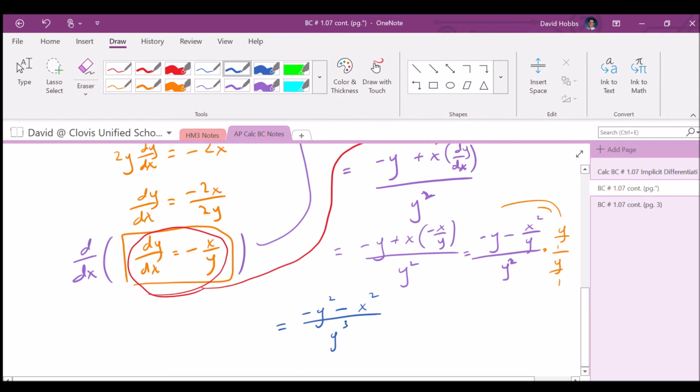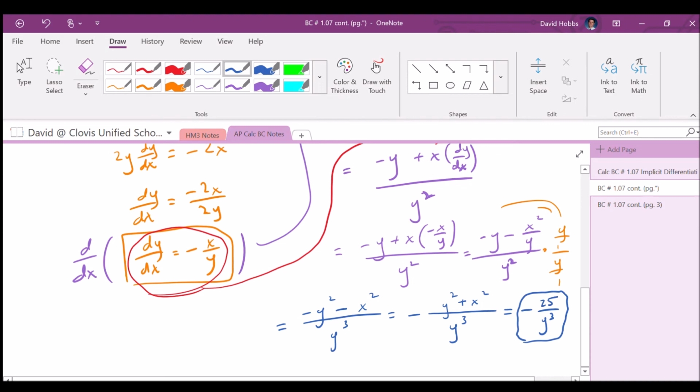Okay, well, there's a GCF of -1 up top, so let's factor that out and hold it out in front. So y squared plus x squared all over y cubed. And you're going, okay, good, that's good. And yet, the final answer, if you'd be checking it in the back somewhere, would be opposite of 25 over y cubed.